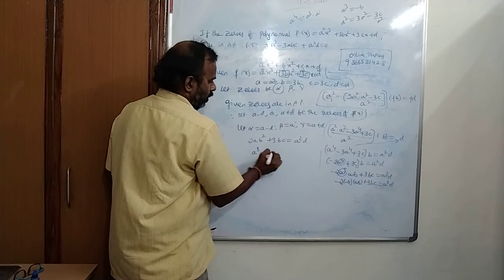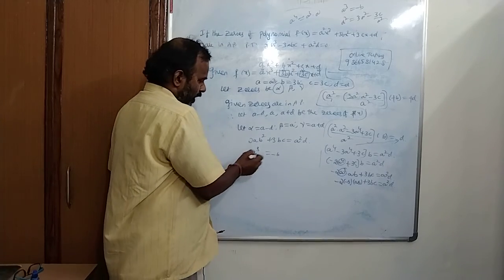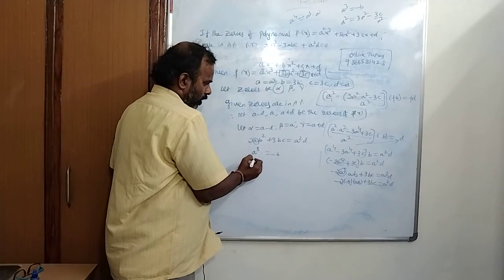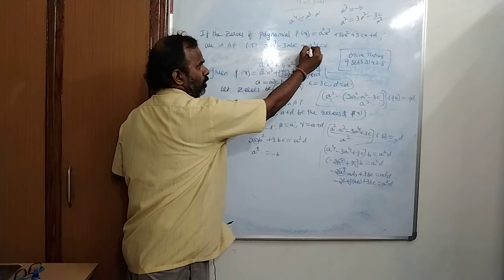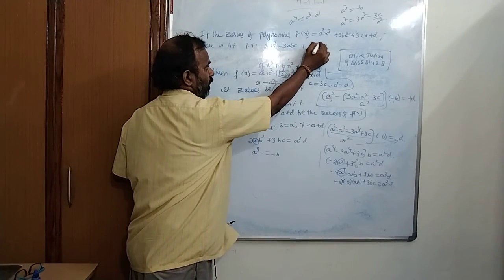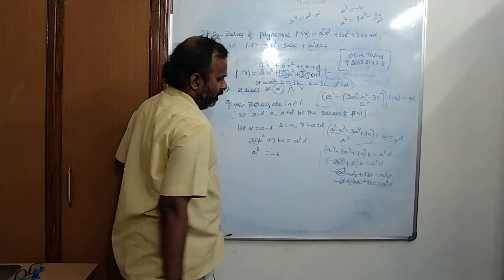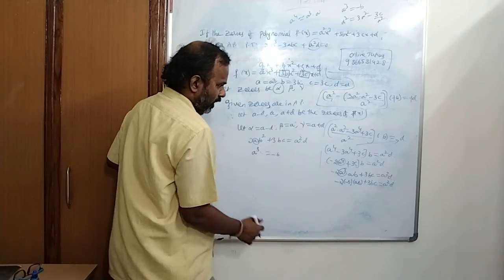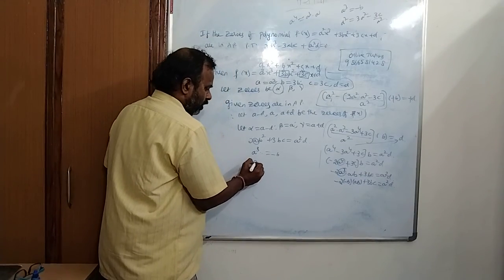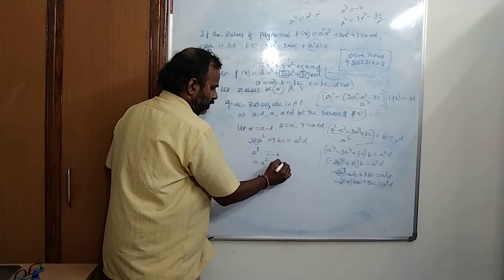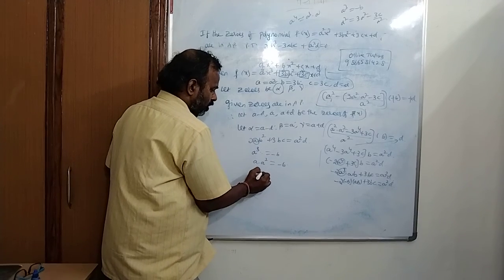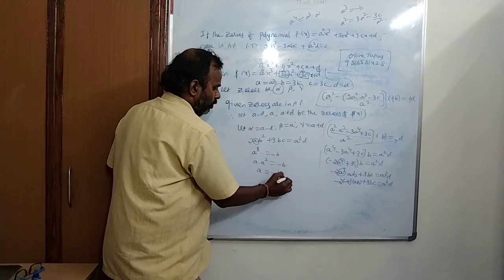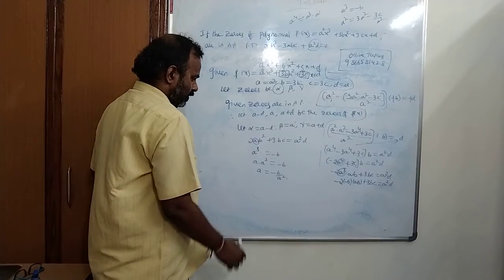A cube is equal to minus b, but here we want a. So what do we have to do? We are nowhere concerned with a square d, keep the term as it is. So we get a into a square is equal to minus b, a is equal to minus b by a square.